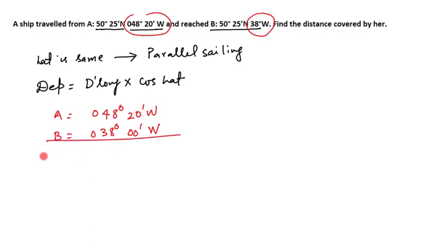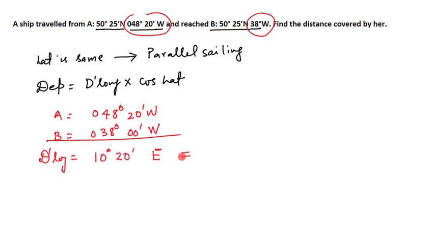Well, the d long here from A to B is from 48 to 38. From more west you are going to go to less west, so you are going in the easterly direction, and the value will be, if we see carefully, 10 degree and 20 minute.